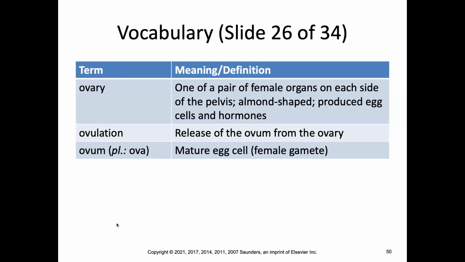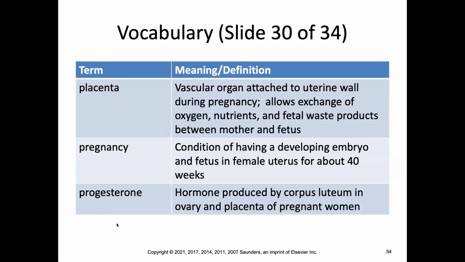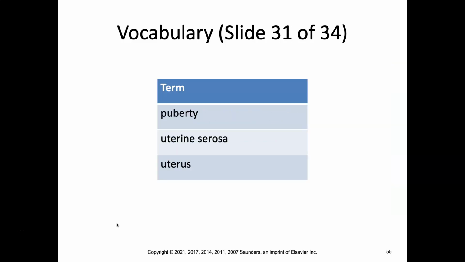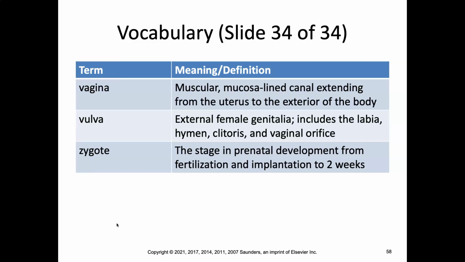Notice the difference there. Parturition, perineum, pituitary gland, placenta, pregnancy, progesterone, puberty, perimetrium, also known as uterine serosa, uterus, vagina, vulva, zygote.